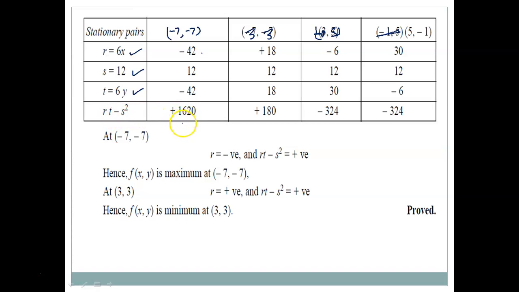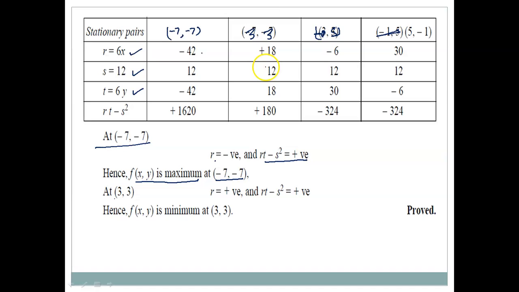So now you can see at this point minus 7, r is negative because it is minus 42, and rt minus s square is positive. So that means f of x, y has a maximum at point minus 7. Similarly, at point 3, 3, when you put x equal to 3 here, it gives you plus 18.